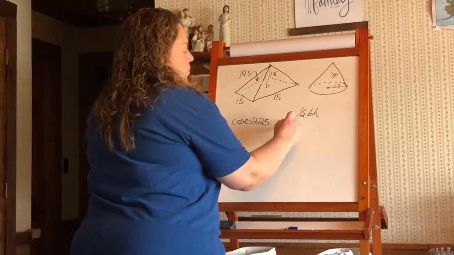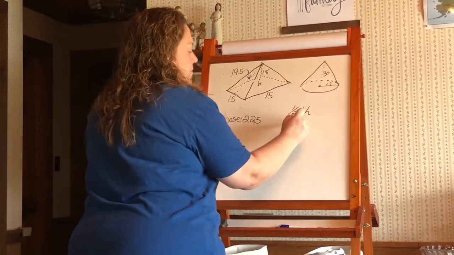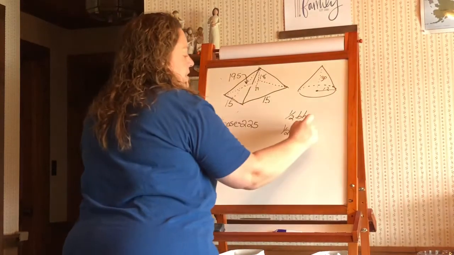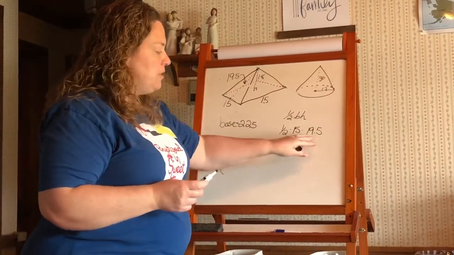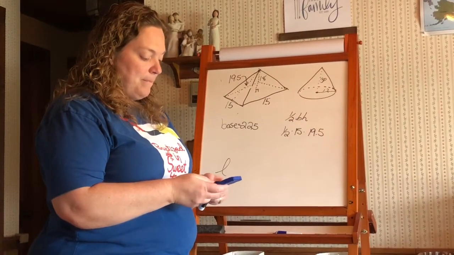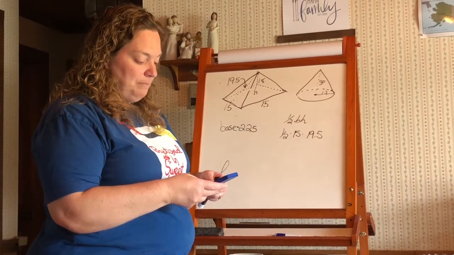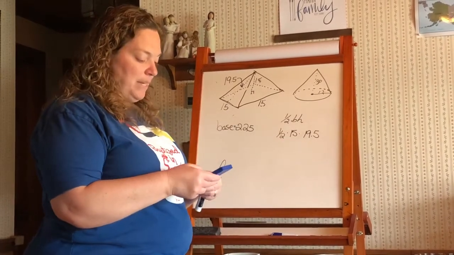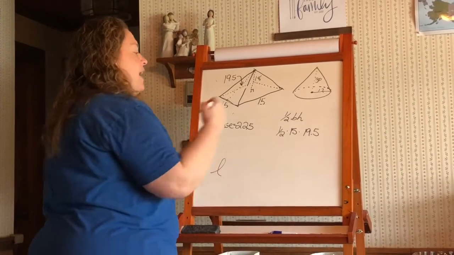So we have 1/2 the base of this triangle, which is 15, times the height of that triangle, which is this slant height of 19.5. So the way I do it first multiply 19.5 times 15, 292.5, and we're going to divide that by 2 to get 146.25.